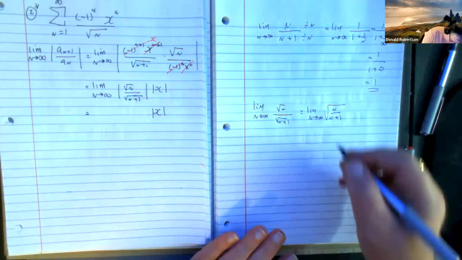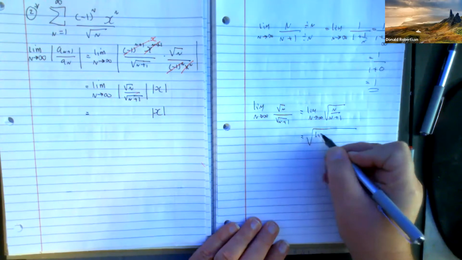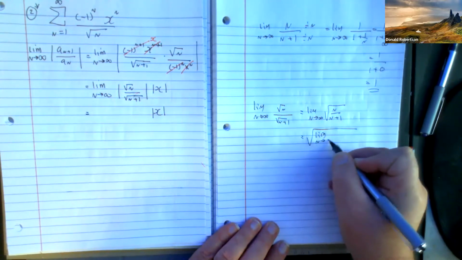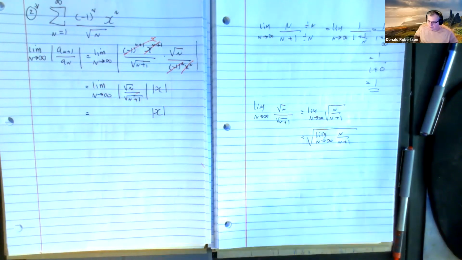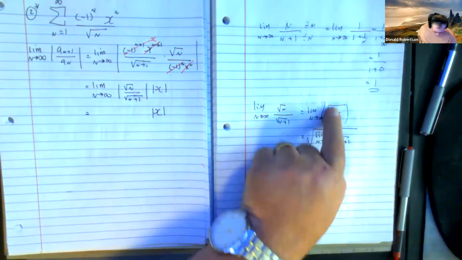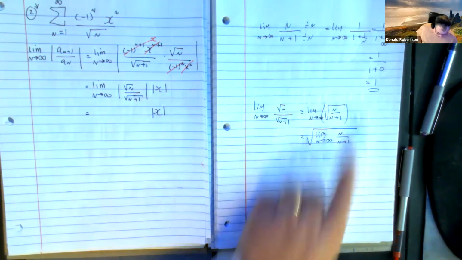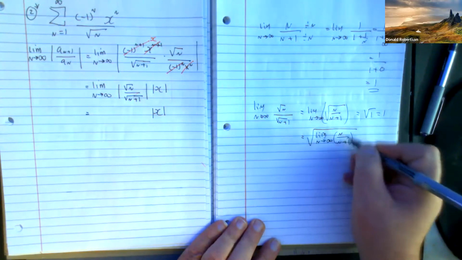If you don't see that, you are allowed to do this, if you want to see it more formally. To me, getting to that point, I can tell, oh, that's going to be 1, so it's the square root of 1. But if you want to do it this way, that's going to be 1.